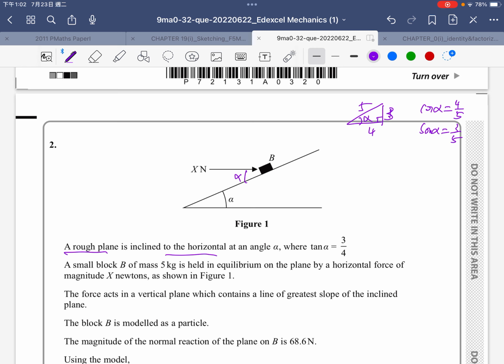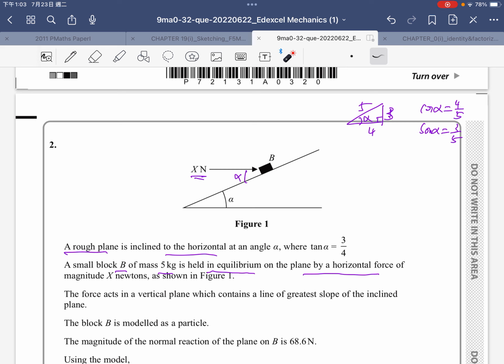For the sake of convenience, we calculate this first. A small board B of mass 5 kg is held in equilibrium on the plane by a horizontal force X Newton toward the right.